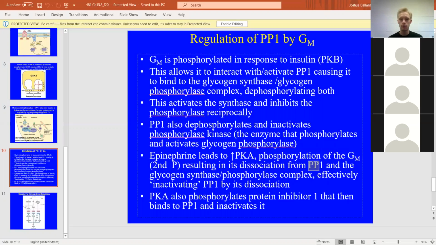So GM is bound to PP1. And because epinephrine increases PKA, and GM is dissociated from PP1, that shuts down all PP1. And so as a result, everything's still phosphorylated.